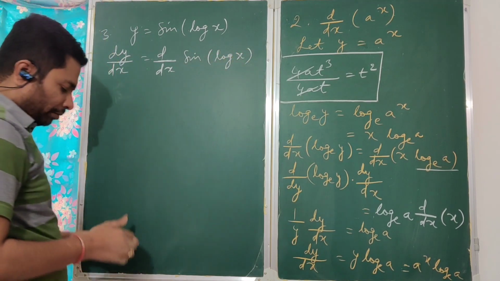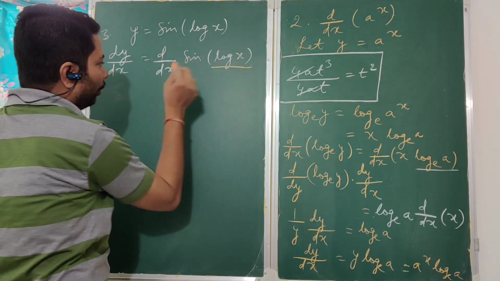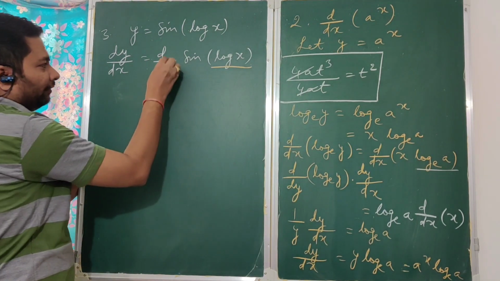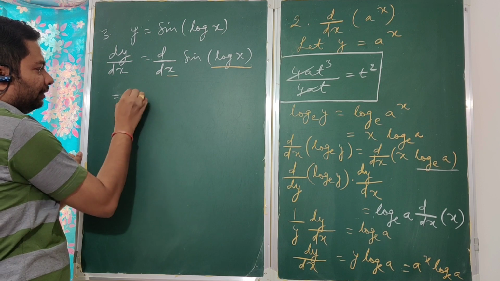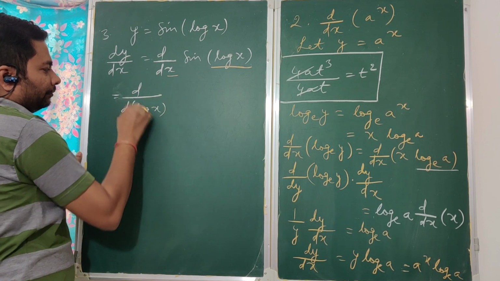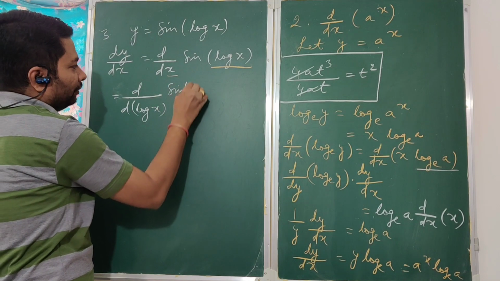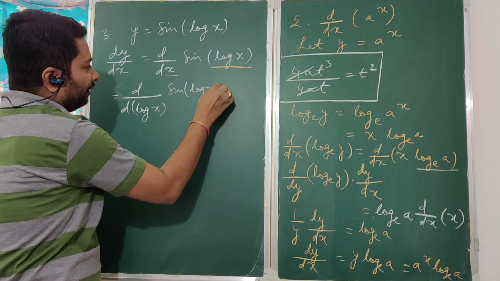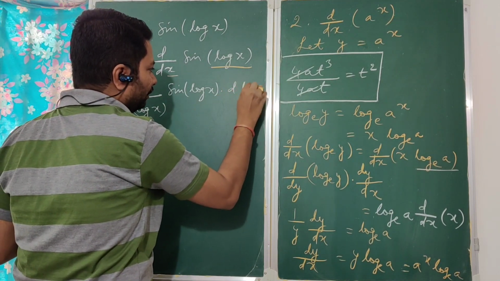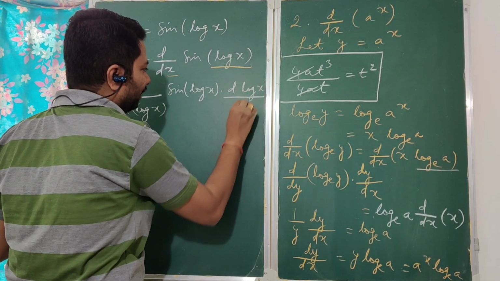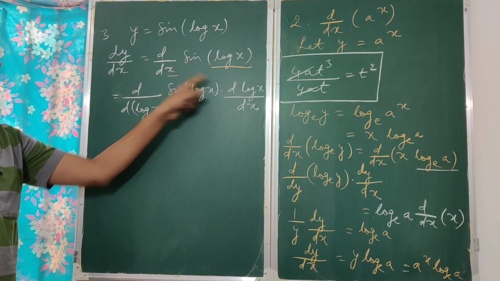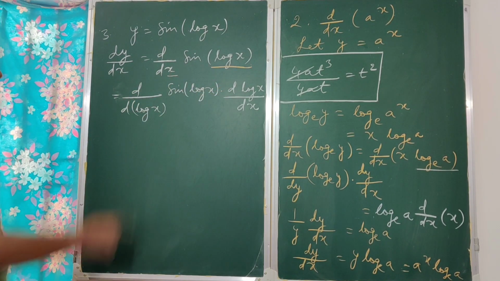So the problem here is, here we are having log x, here we are having x. So what should we do? Same thing should be brought here. So what I do is I bring log x here. Now you are having sine of log x. So if I have brought log x in the denominator, I have to bring it in the numerator also to keep the expression unchanged. So now we can rewrite everything like this.